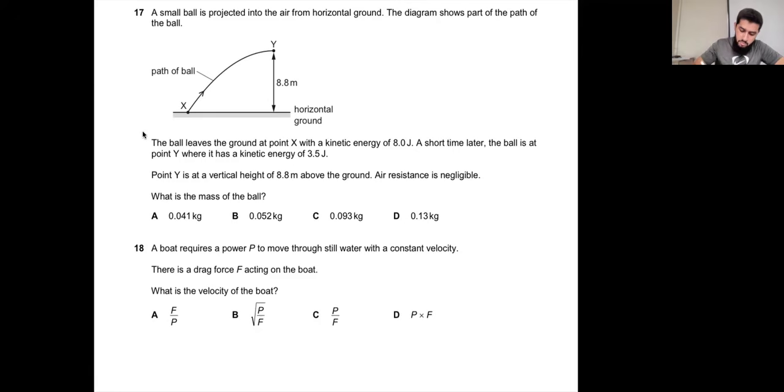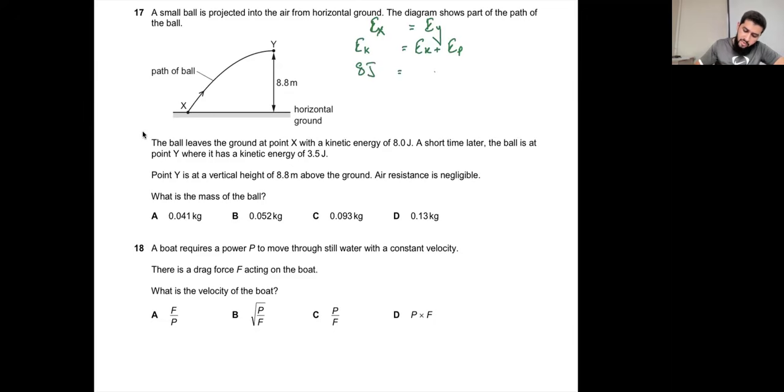Air resistance is negligible. What is the mass of the ball? So, energy at X should be equal to the energy at Y. Law of conservation of energy, you've got no losses. Energy at X is only kinetic energy. Energy at Y is kinetic energy plus potential energy. Kinetic energy at X is 8 joules.